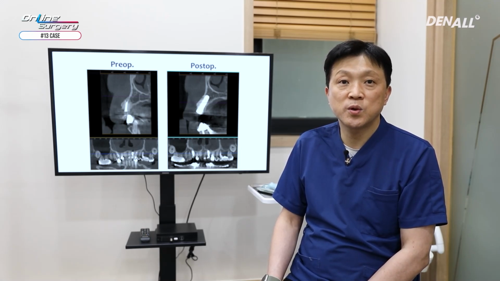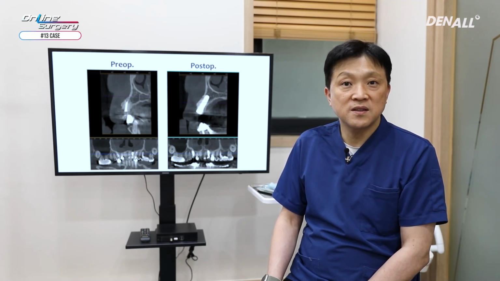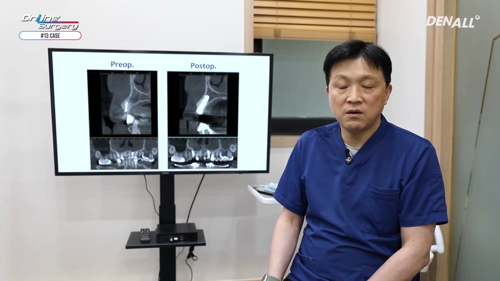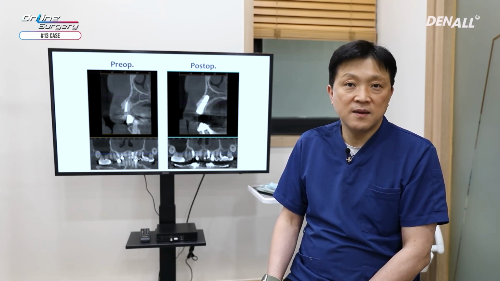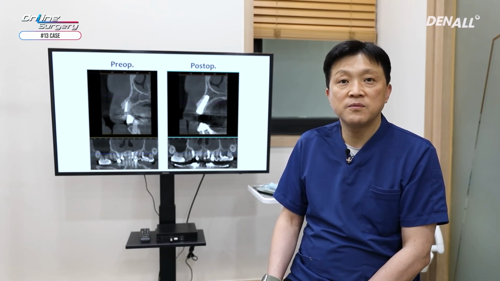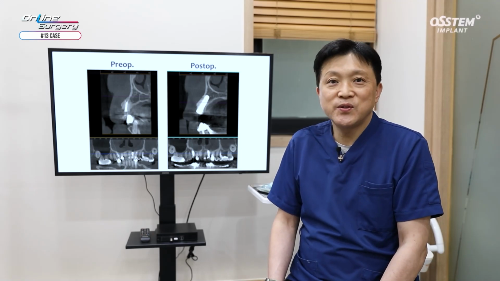Therefore, by using OneGuide or other guides, you can get better results. Rather than opening flap, when there's no dehiscence defect or fenestration defect, as shown, without opening flap, you can utilize dual zone graft concept. I think this could be a great choice. This is the end of my surgery.